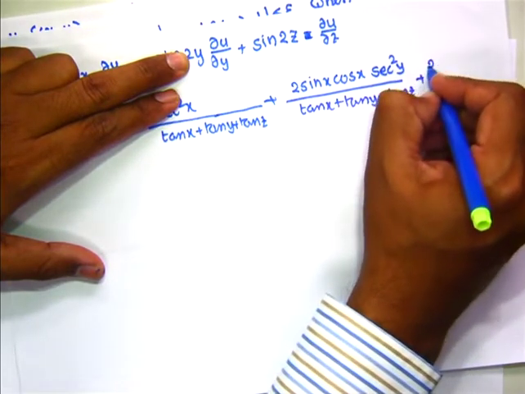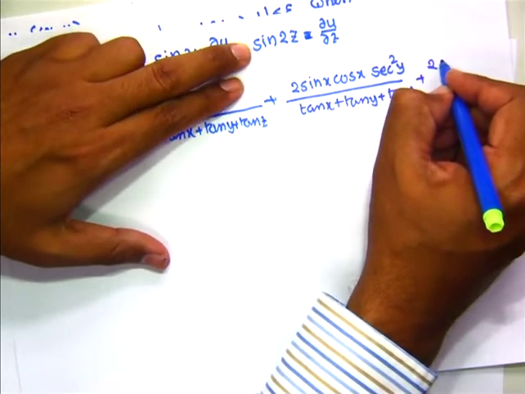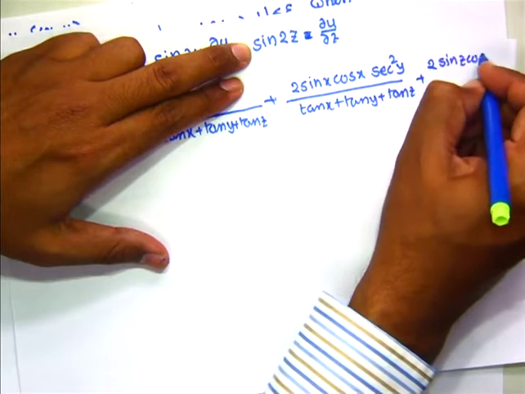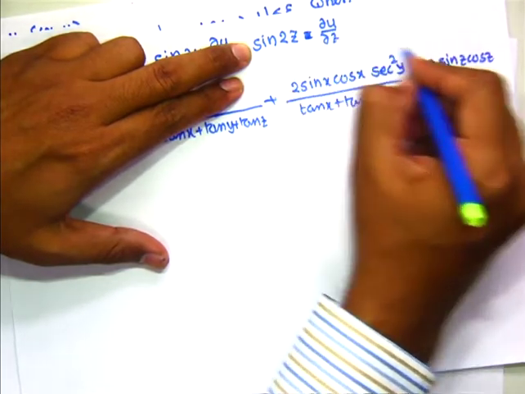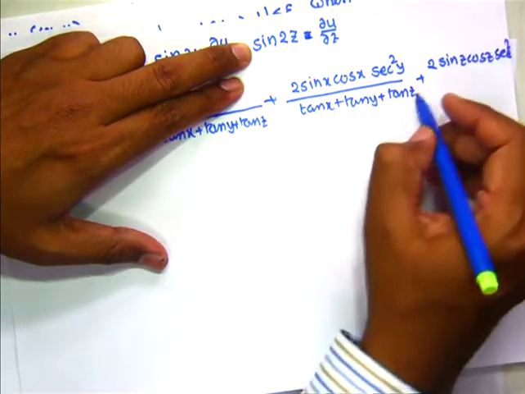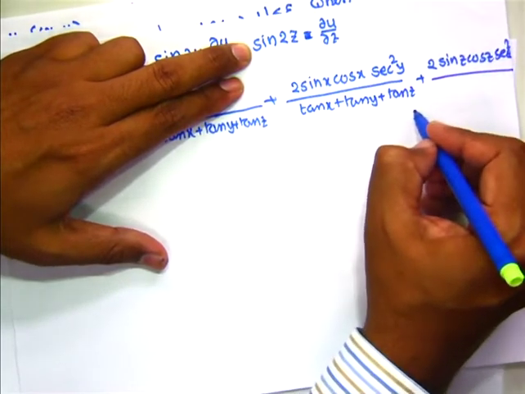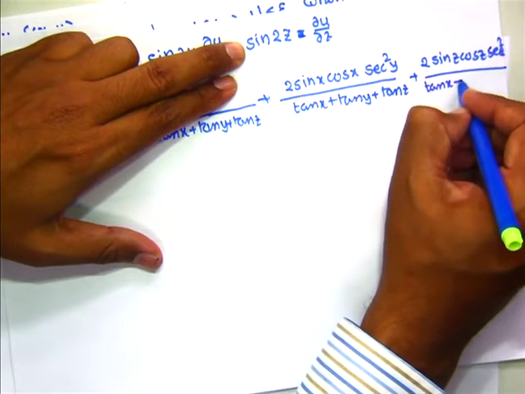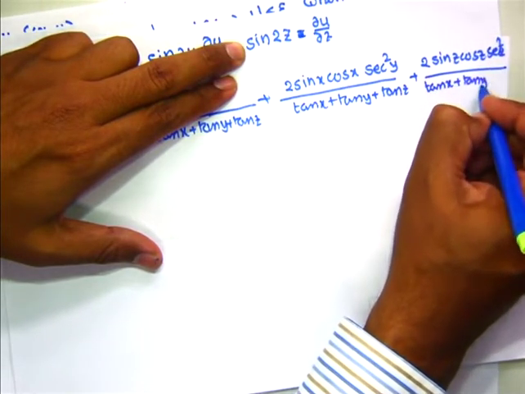Plus sin 2z is 2 sin z cos z, and the value of del u by del z is sec square z upon tan x plus tan y plus tan z.